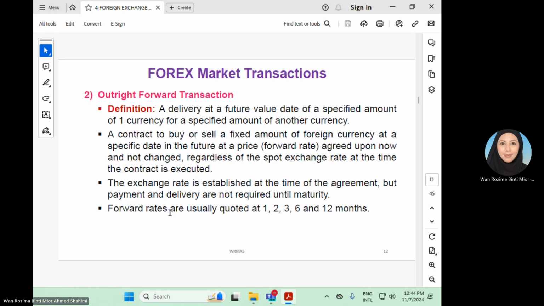Okay, so let me make it simple this way. I deal with her. Saying that if you want to buy, okay, this one has nothing to do with exchange rate, but the concept only. Let's say she is interested to buy this, but it is only available next month.